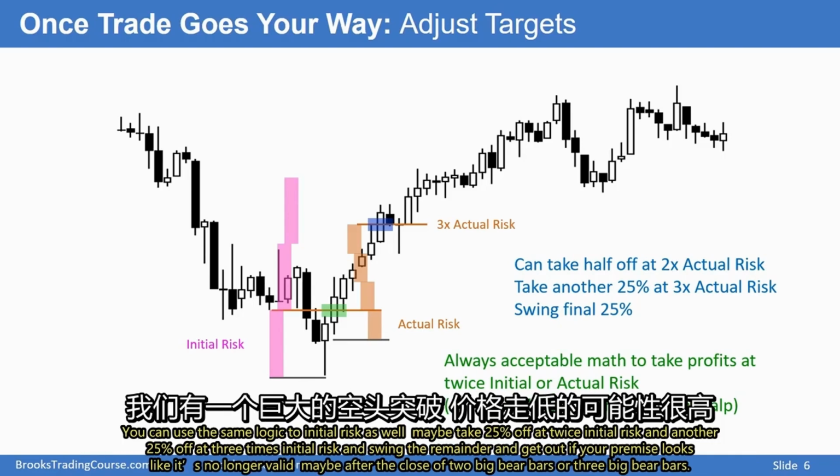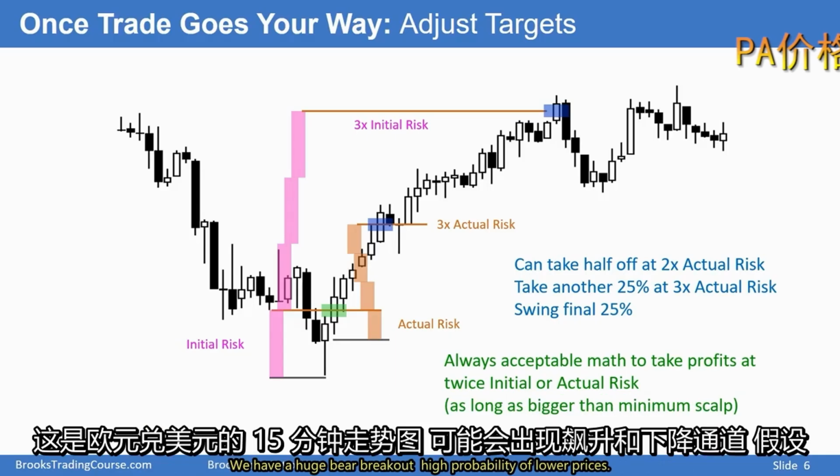And you could use the same logic for initial risk as well. Maybe take 25% off at twice the initial risk and another 25% off at 3 times the initial risk, and swing the remainder and get out if your premise looks like it's no longer valid, maybe after the close of 2 big bear bars or 3 big bear bars.